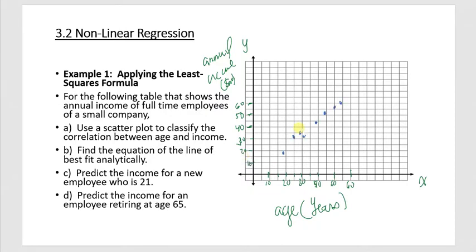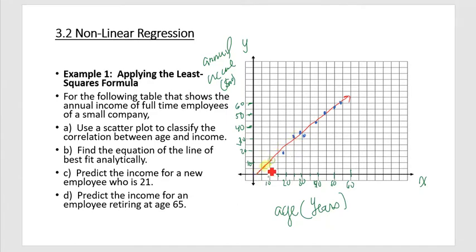Okay, I just graphed all the points. Now let's try to classify this correlation. What I see is that as the number of years increases, so does the annual income. I would draw a line of best fit approximately here, going through as many points as possible, with about 2 points on this side and 2 on the other side.